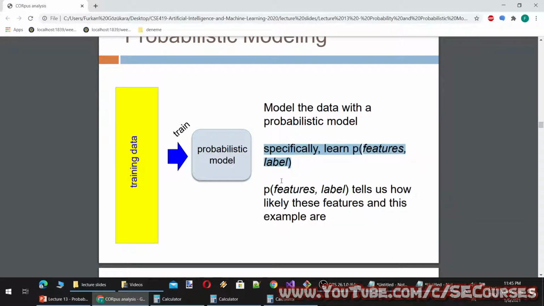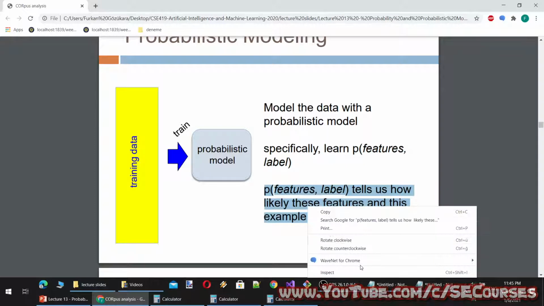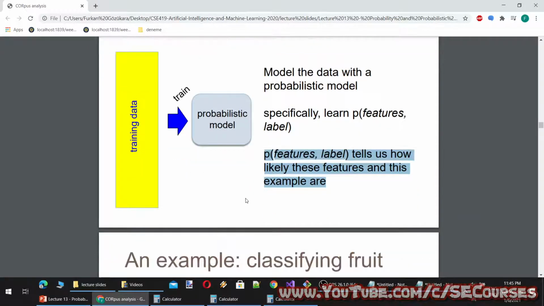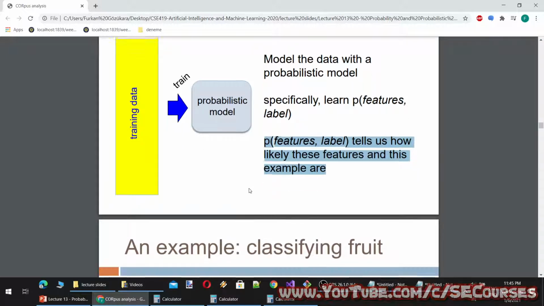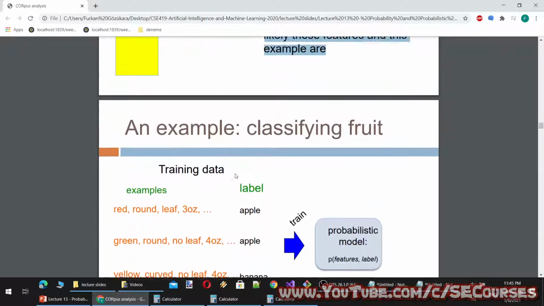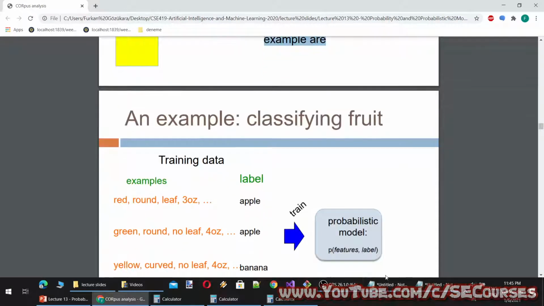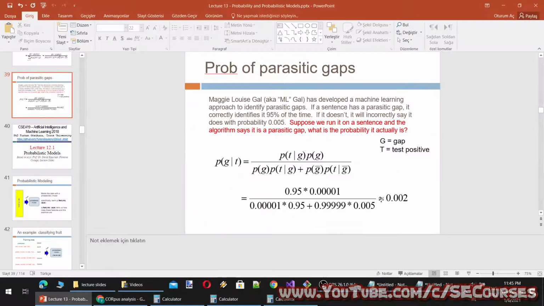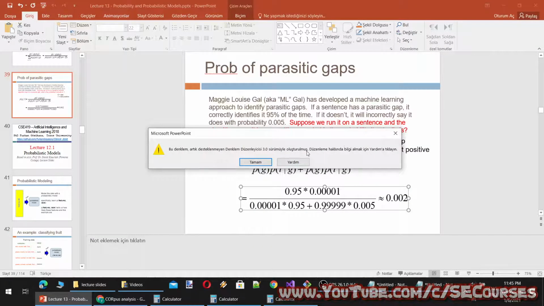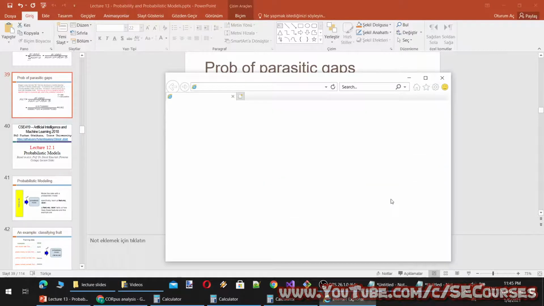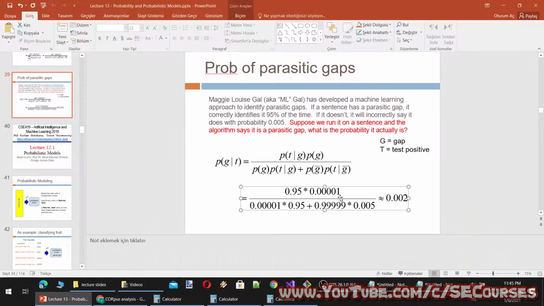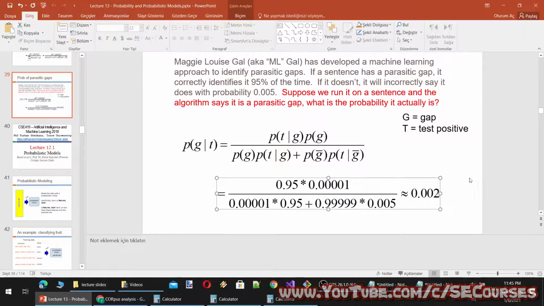Specifically, learn P(features, label). P(features, label) tells us how likely these features in this example are. This is correctly displayed here, but when we turn it into PDF, it is incorrectly displayed.